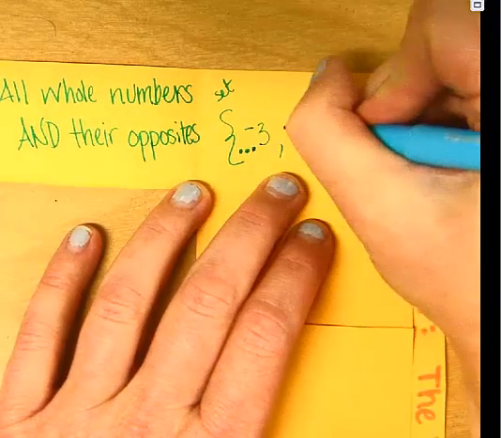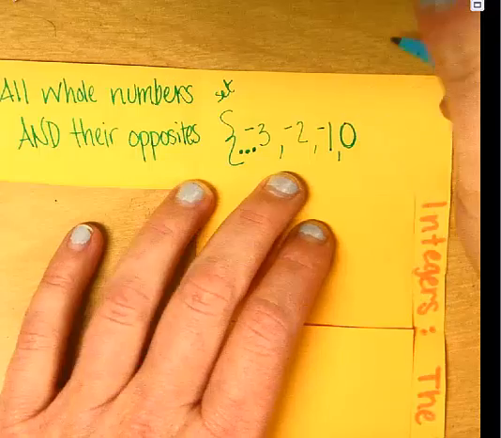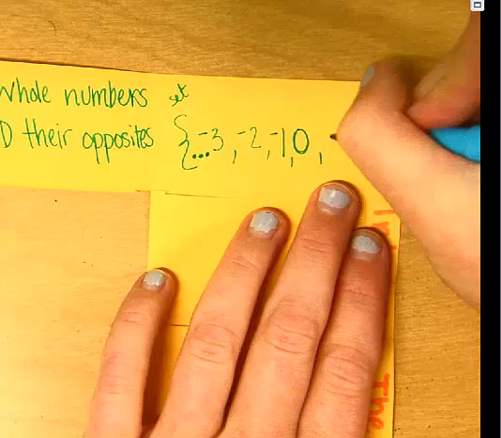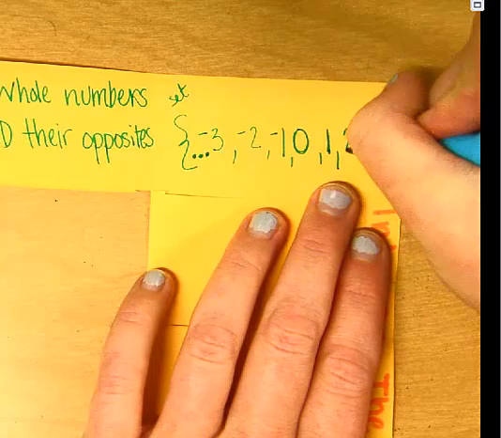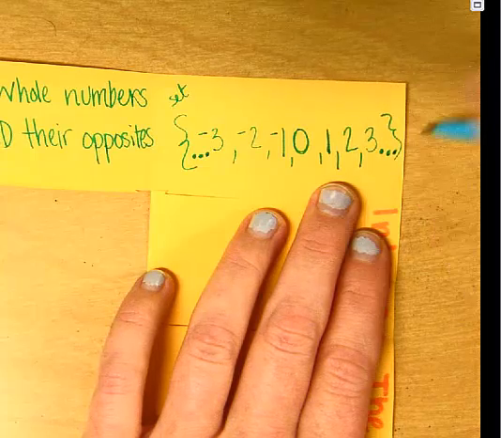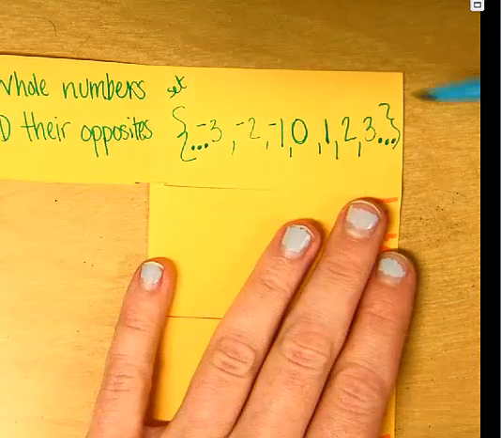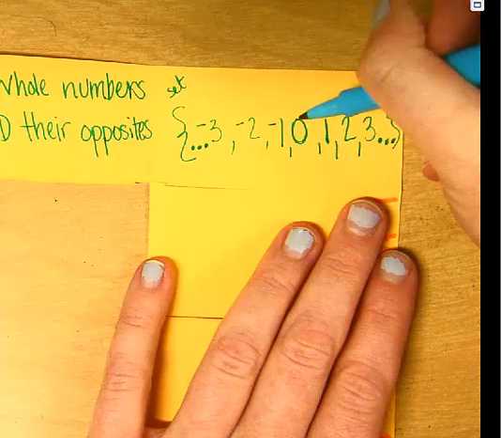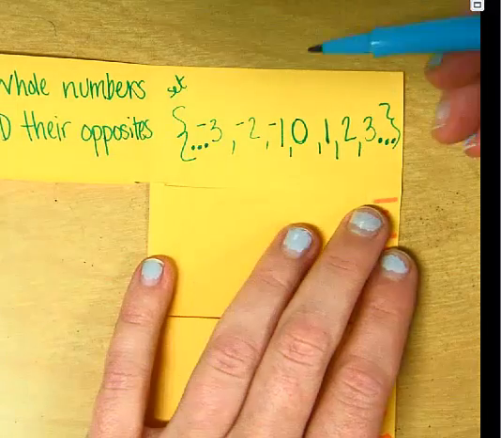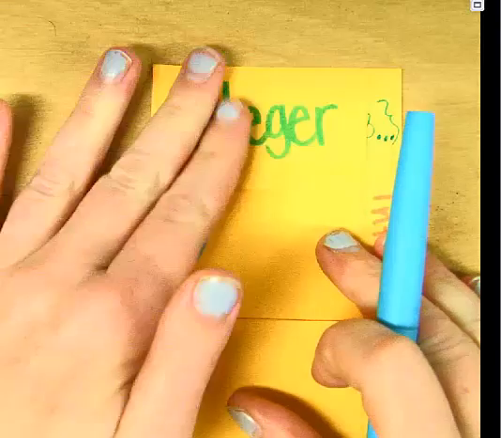So -3, -2, -1. 0 is included because it is a whole number. 1, 2, 3, all those counting numbers that you have dealt with since kindergarten, maybe even preschool. 1, 2, 3, 0, and all their opposites, so -1, -2, -3, and so on. So that is integers.